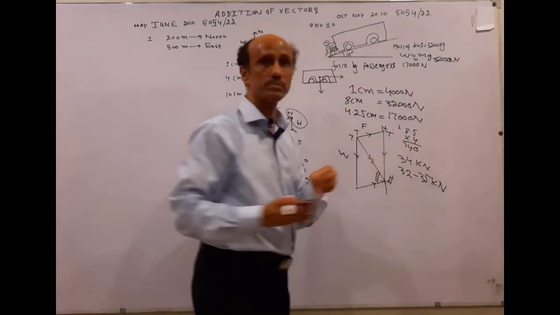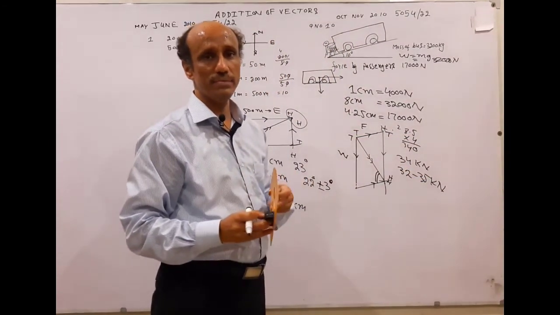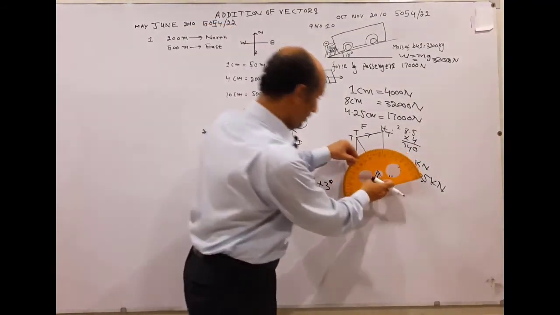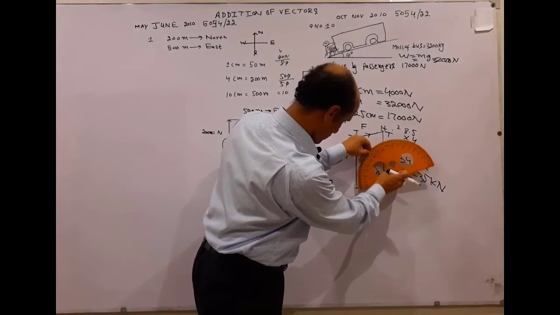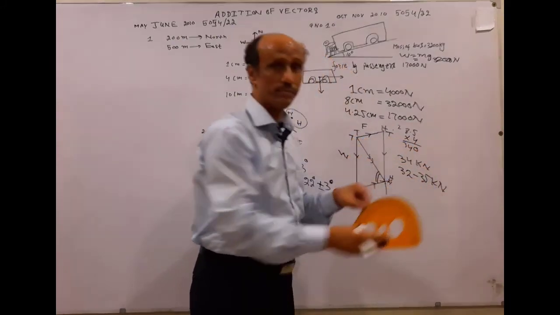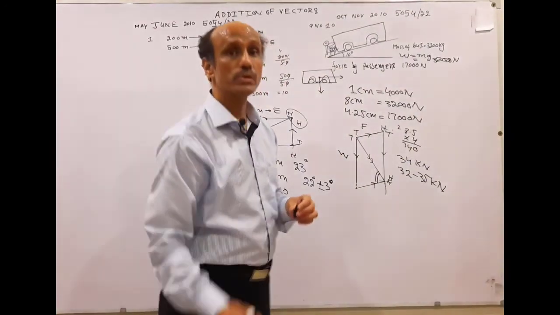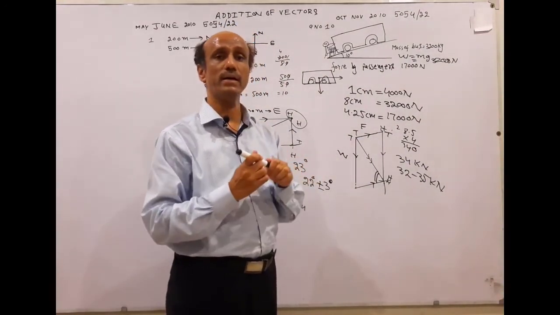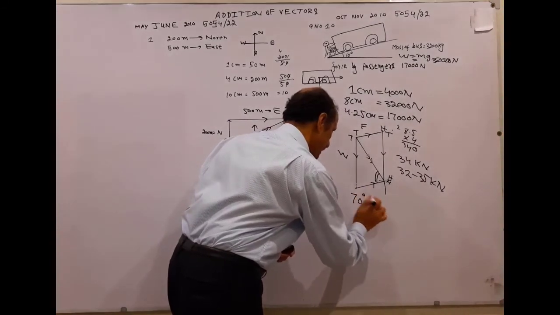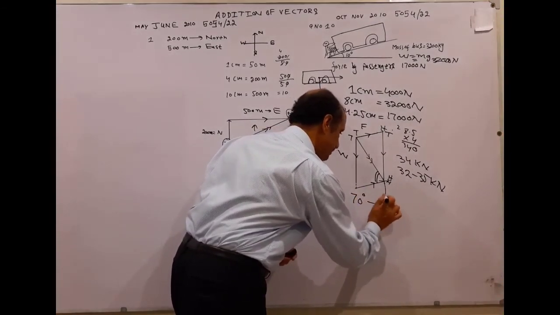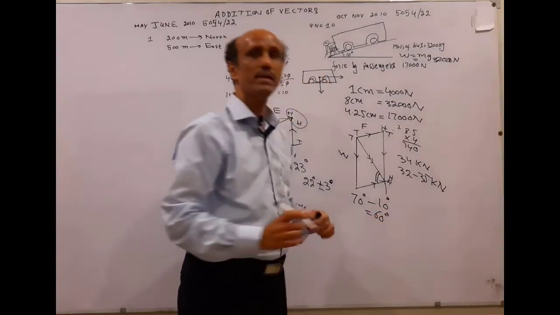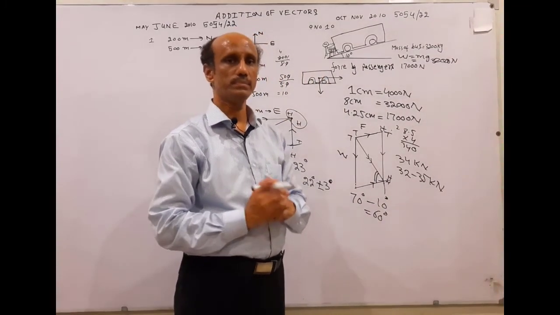So it is 75, sorry, again I will measure it. Okay, 70. The exact angle which I have measured is 70 degrees, and now I will subtract the 10 degrees. Then I will get 60 degrees with the horizontal.